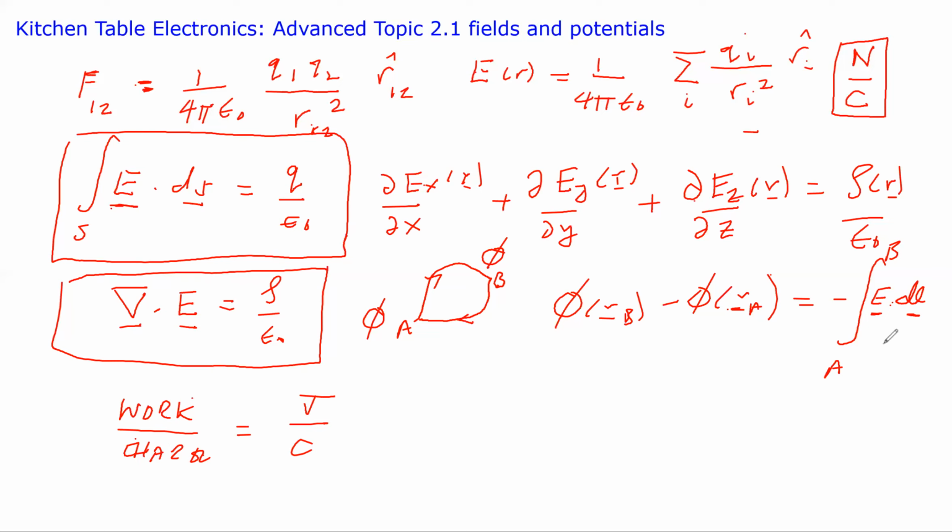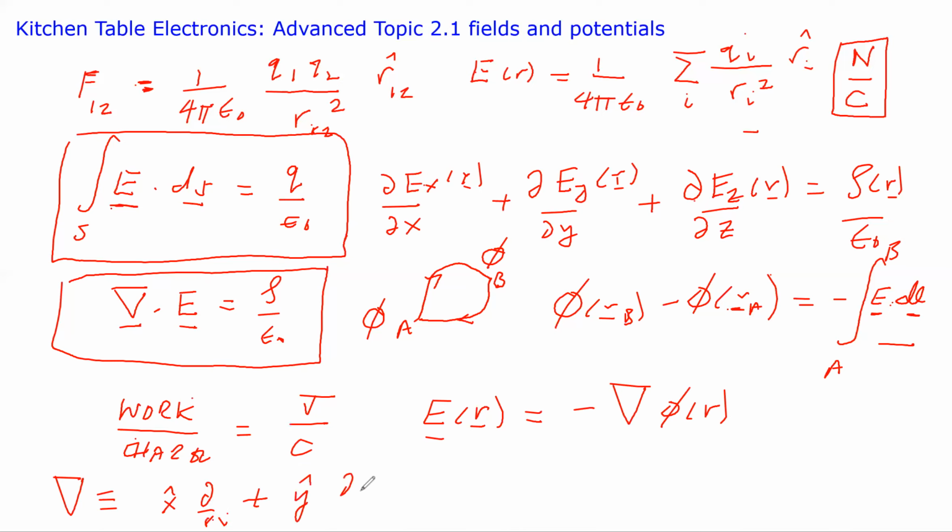It follows from this integral definition that we can define the electric field as a gradient of a potential, i.e. the electric field at any point r is given by minus the gradient of the potential, and this gradient operator is just a unit vector x times d by dx plus a unit vector y times d by dy plus a unit vector z times d by dz.